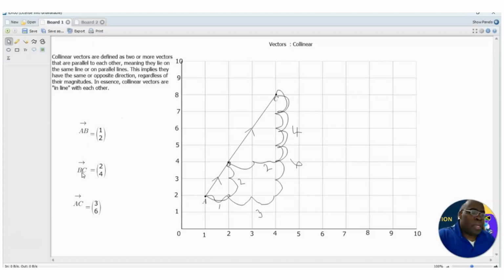In terms of AB and BC, we are seeing the ratio of AB to BC. When we are displaying collinearity, we can use ratio.